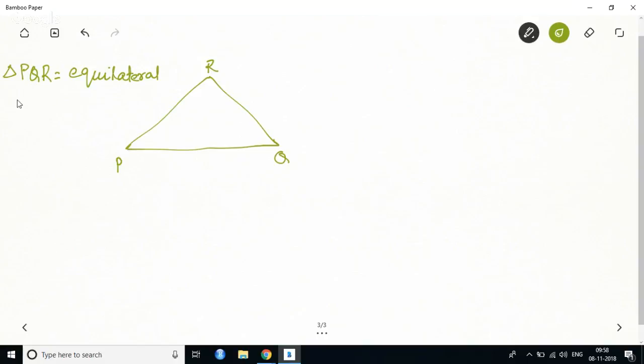Now, this is the direction of the current, and magnetic field is going inside.